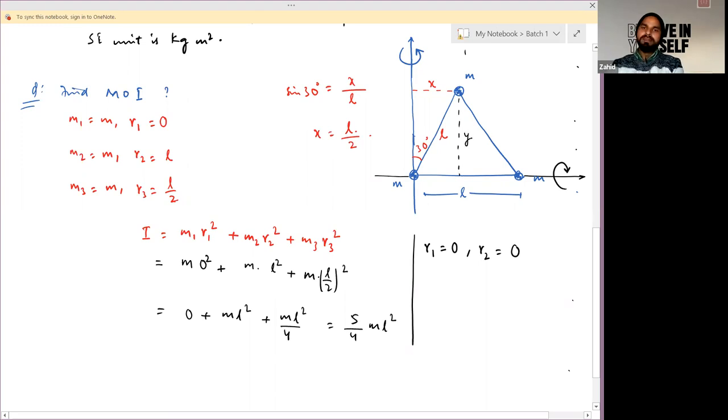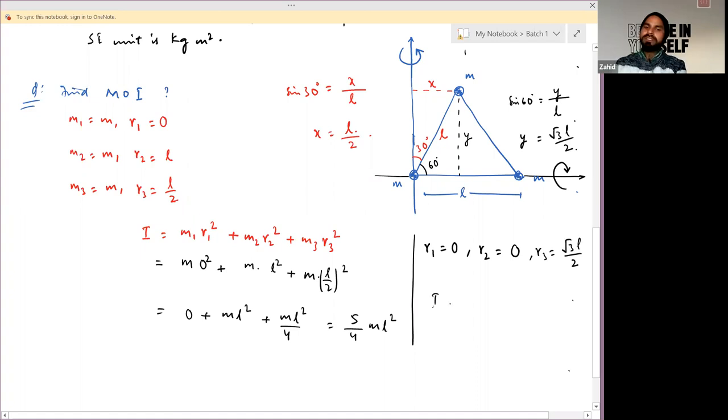Let's say this is Y. So this angle will be 60 degrees. So sine 60 equals perpendicular over hypotenuse. So Y will be root 3 times L by 2. So R3 equals root 3 L by 2.